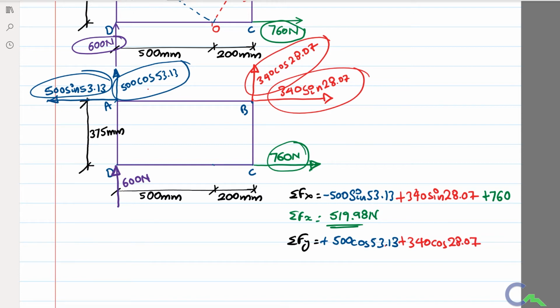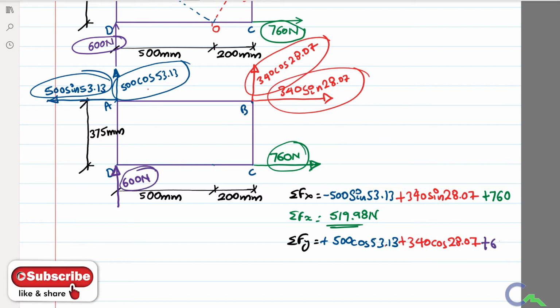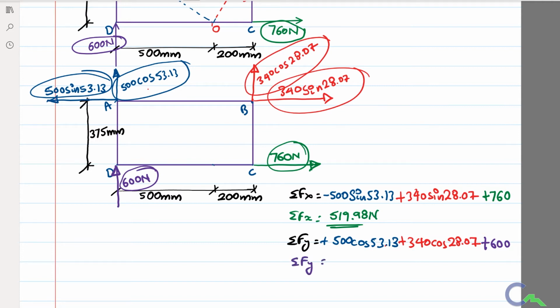The 760 force is acting horizontally, so there is no vertical component. The last force, 600, is acting upward, so I take plus 600. If I do the summation, I will get sigma Fy equal to 1200 Newton.